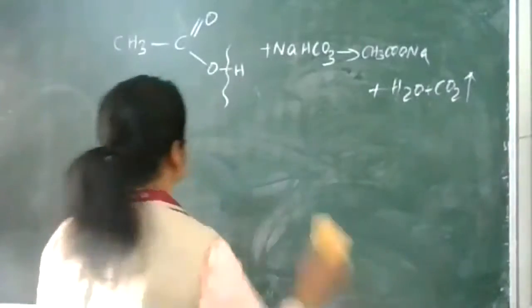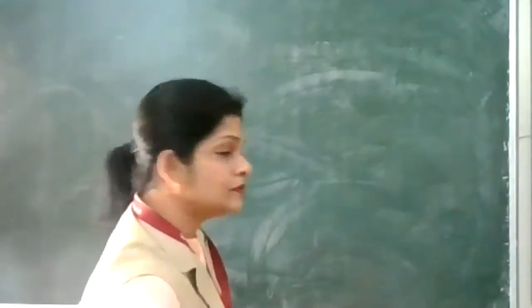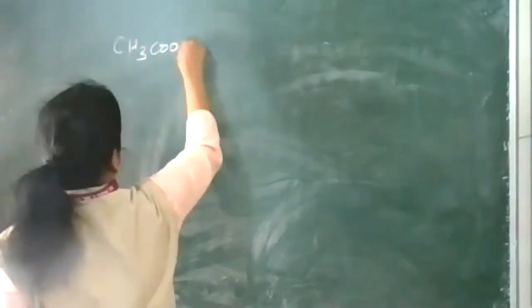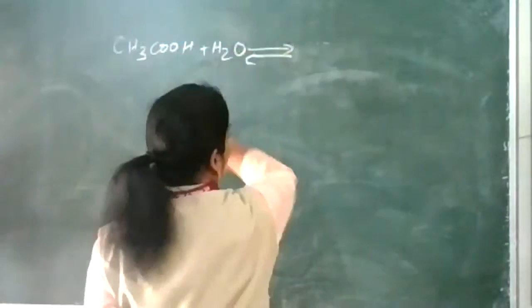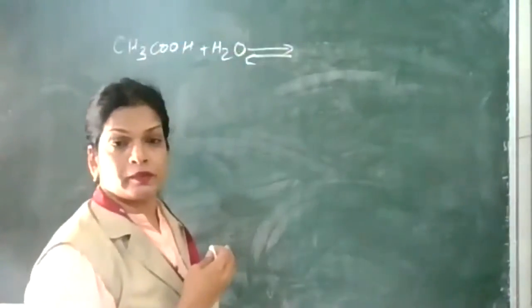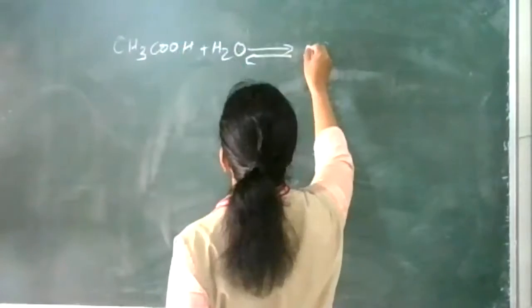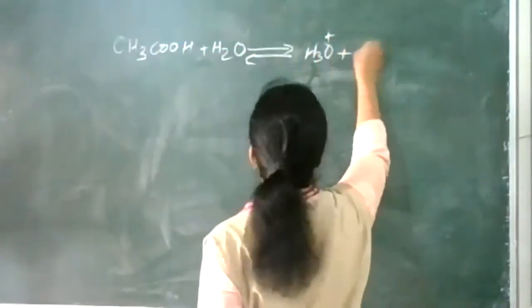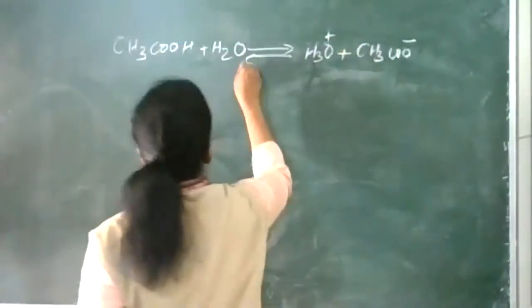Now, when you put carboxylic acid in water, CH3COOH plus H2O, it's a weak acid, so you can expect an equilibrium between dissociated and undissociated forms. So here you will be getting H3O+ and CH3COO minus.